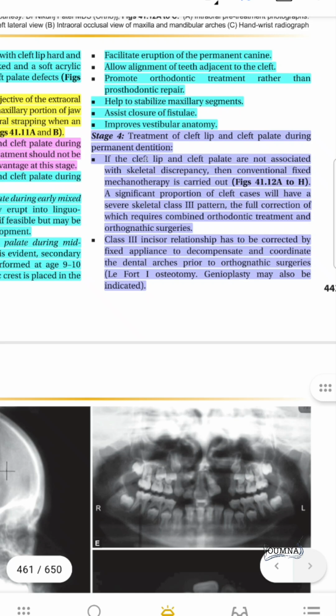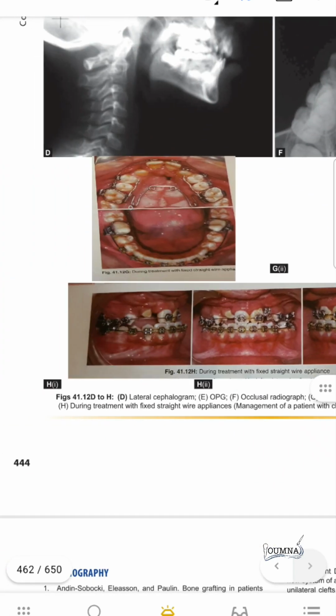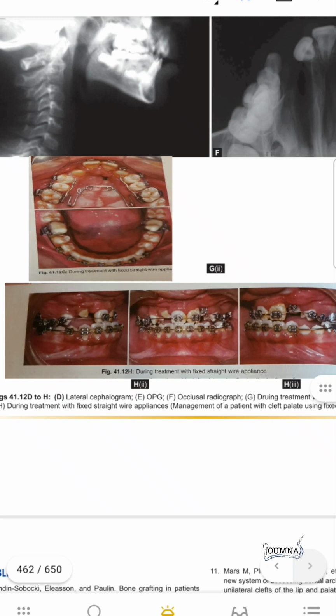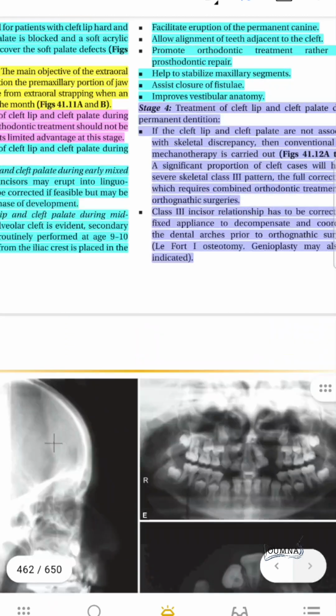What about the permanent dentition? In this phase, if the cleft is not associated with skeletal discrepancies, then conventional fixed mechanotherapy is used. Here we are applying a quad helix expansion device, and this is the fixed mechanotherapy.